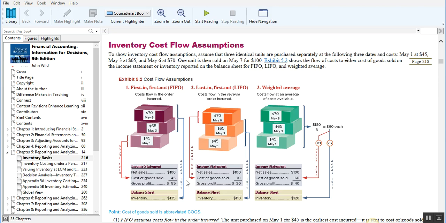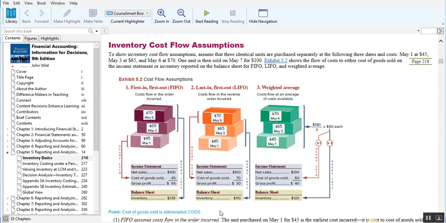Now, this is what may represent the actual flow of goods in a business, but LIFO is also used, and this is used sometimes because businesses may see the tax advantages of using this. The tax advantage is that you have a higher cost of goods sold, so you have lower gross profit. And with lower gross profit, you'll have a lower cost of income tax.